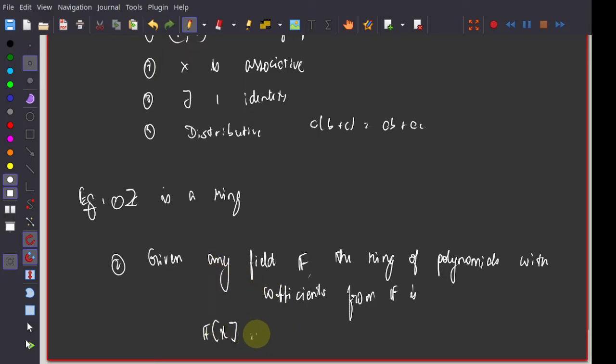This is the set of all polynomials with coefficients from F, that is, the summation for i equal to 0 to m of a_i x to the power i, where all the a_i's come from F and m is finite.